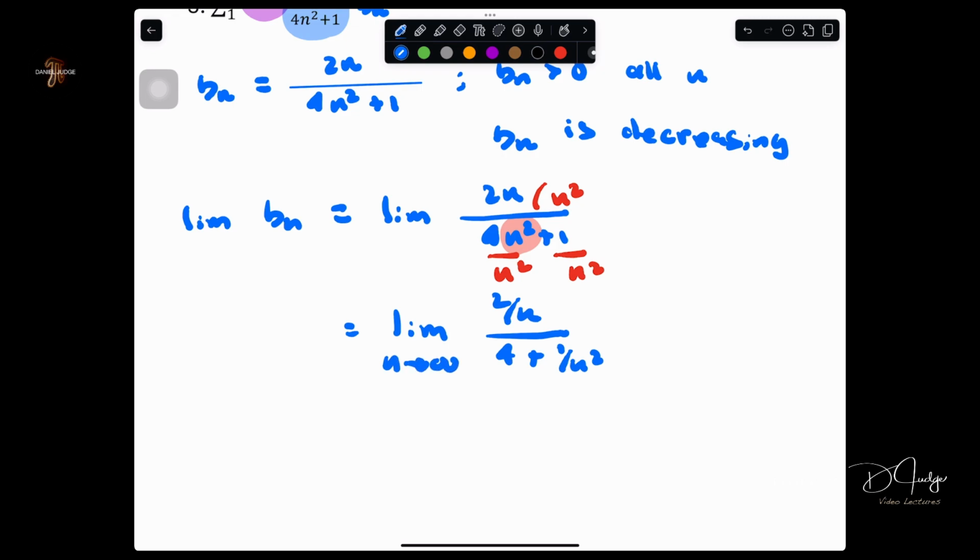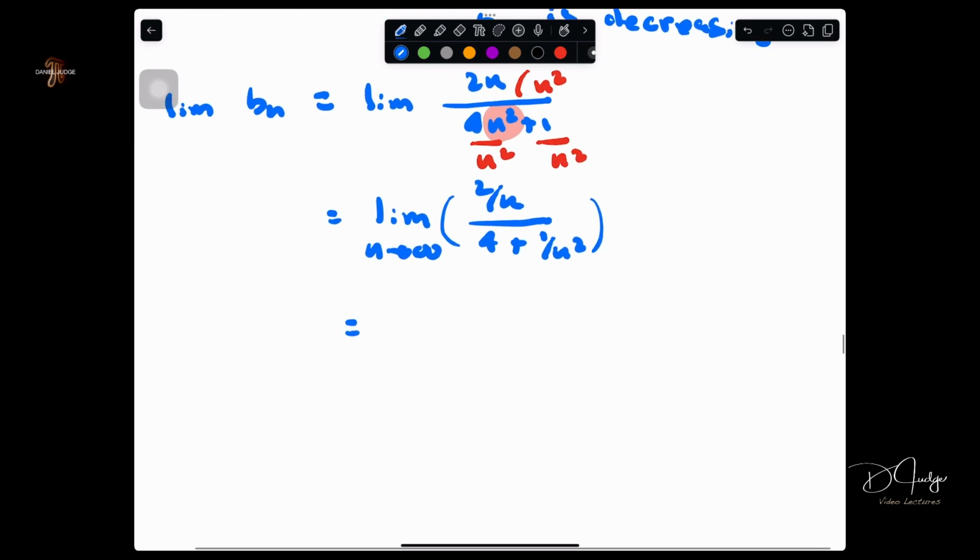We're going to look at the limit as n goes to infinity. By properties of limits, this will go to 0, this will go to 0, so we really have 0 over 4 plus 0, which will be 0.